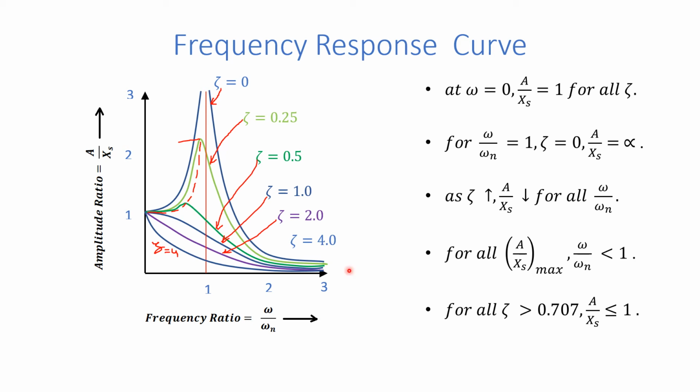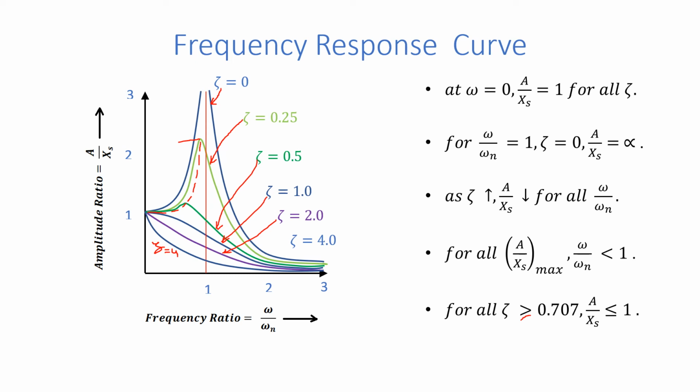But when zeta value is greater than or equal to 0.707, A by XS is less than or equal to 1. When zeta is 0.707, A by XS maximum value is 1, then it decreases.